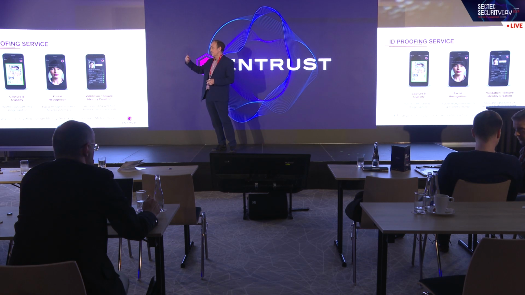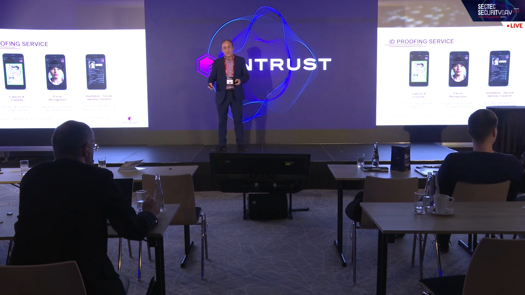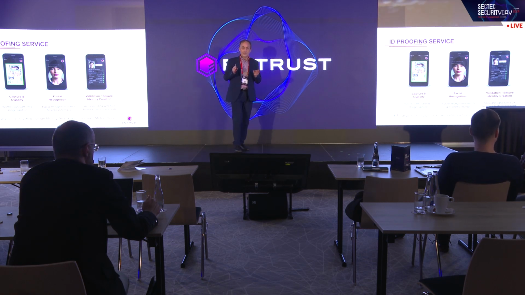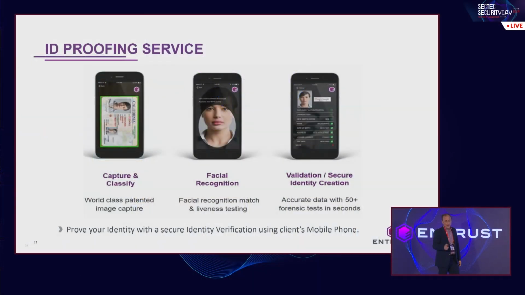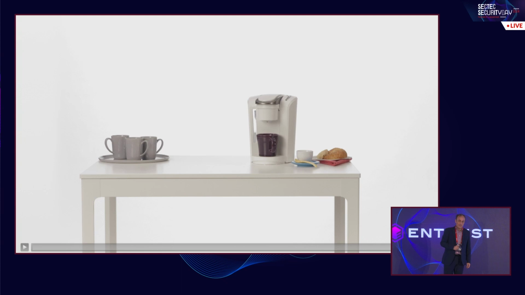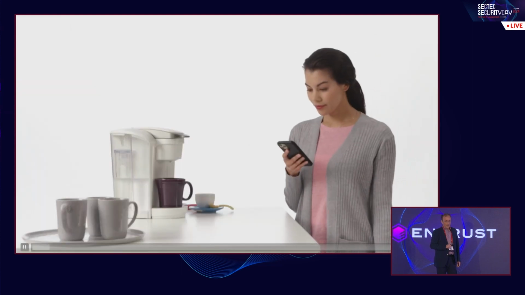It's just processed and then thrown away to prove that it is that person. Then you have identified that the person on the end of that phone is the person on that ID card. And it's quite a quick process, quick enough to make a coffee.